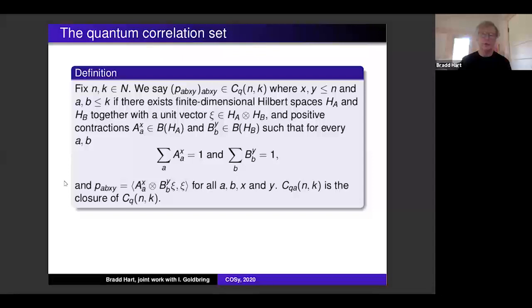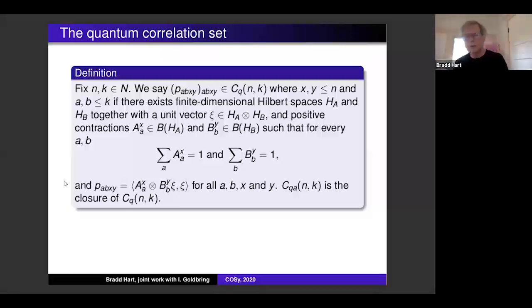It's known that you can get away with finite dimensional Hilbert spaces to make this definition, so I've embedded that in the definition. Usually you would say Hilbert spaces, and then acknowledge that you could use finite dimensional ones. And then you take a unit vector from the tensor product of those Hilbert spaces.